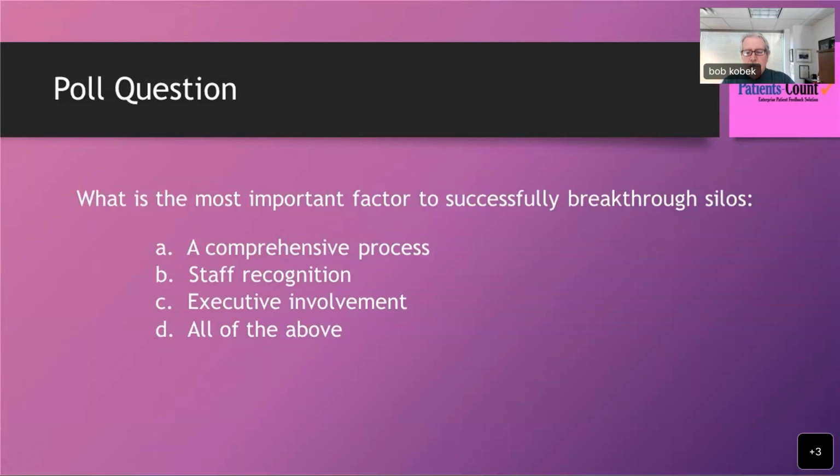Please get their input. So I'm curious to know what the audience has to say about what they feel is the most important element in breaking through those silos.